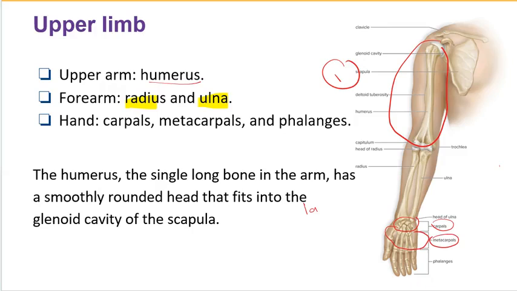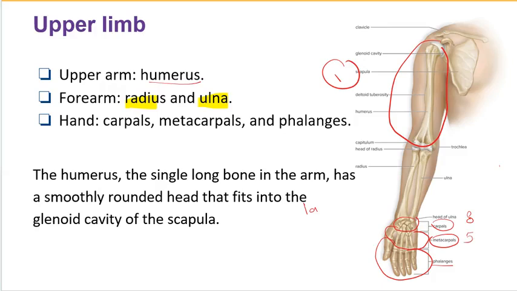And the fingers are composed of 14 long bones called phalanges. At the carpal region, or wrist region, we have 8 carpal bones, which are short bones.